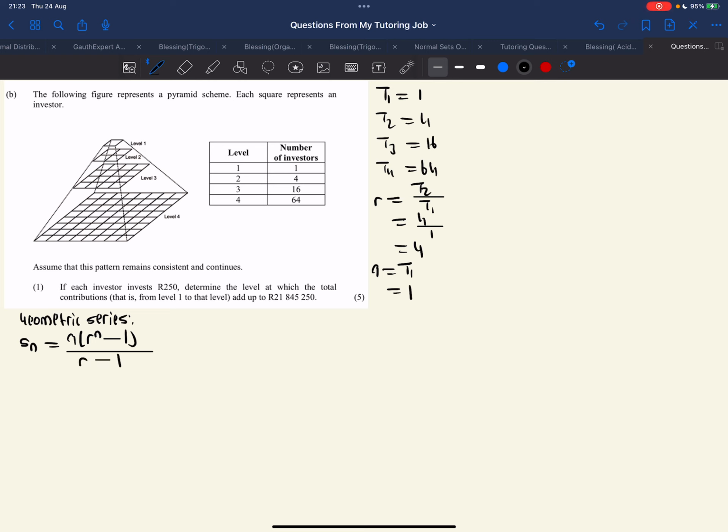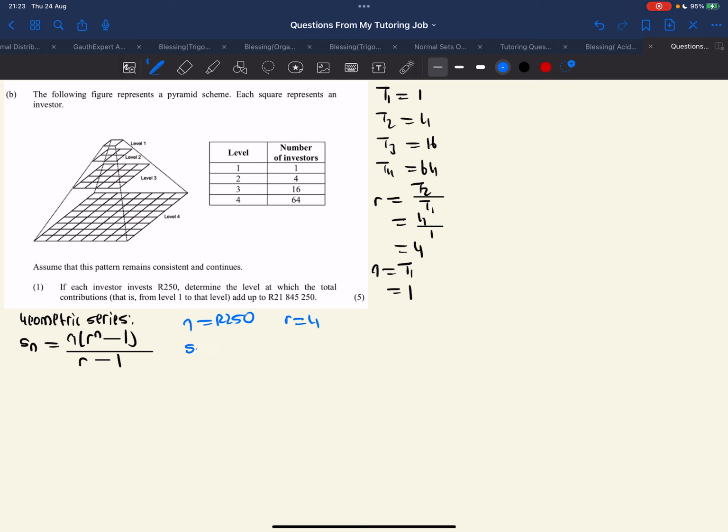Alright, but in this question, can you see that they say that each investor invests 250? So basically for this question, our A will be 250 rand. All right, and our R is still going to be 4, because they say that this pattern remains consistent and continues.